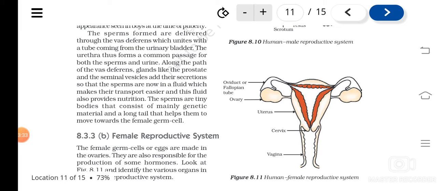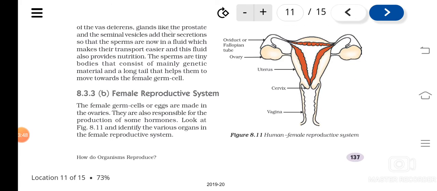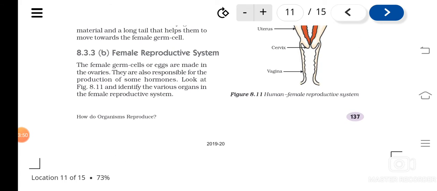I'll also be sending a message in your class WhatsApp group regarding whatever activity is there. So children, we will continue with the next topic, that is the female reproductive system.